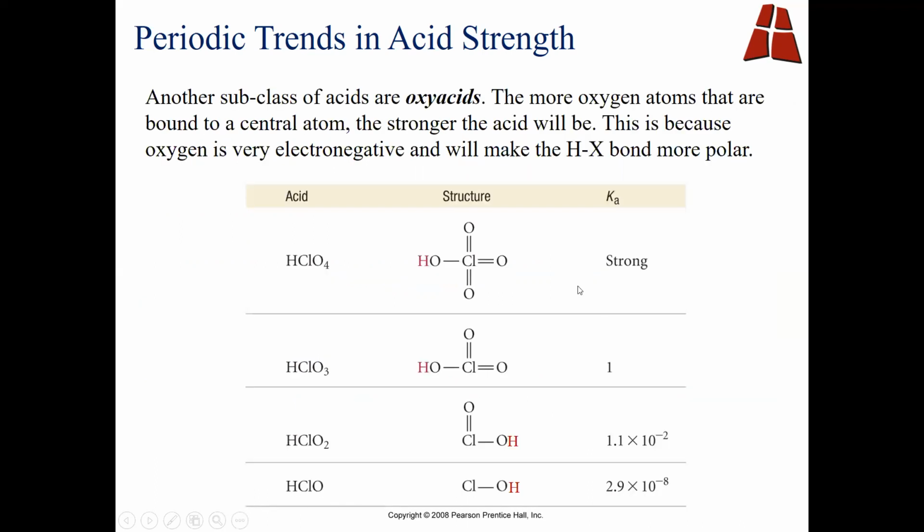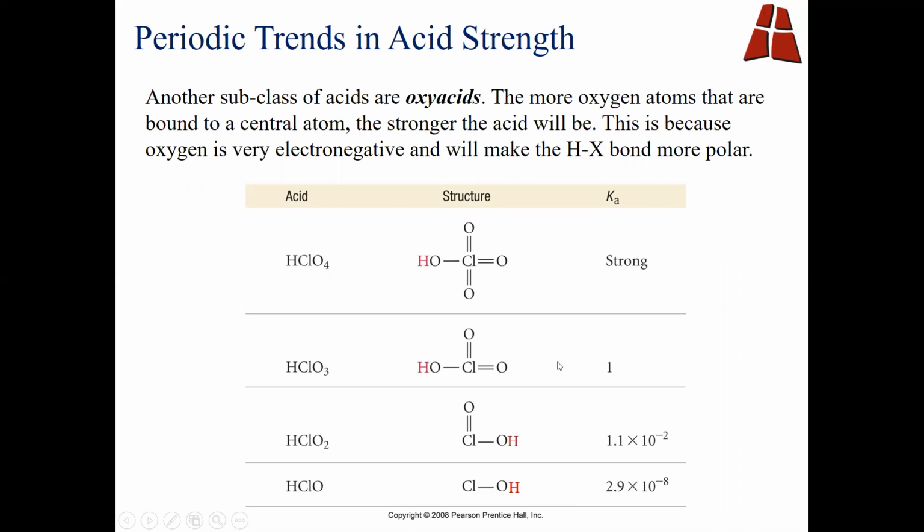The other category that we haven't yet covered are called oxyacids. These are acids where we have some sort of central atom and then oxygens bound around it. You could think of the chlorine oxyacid series shown here, where our strongest acid is going to be perchloric acid because it has the most oxygens.